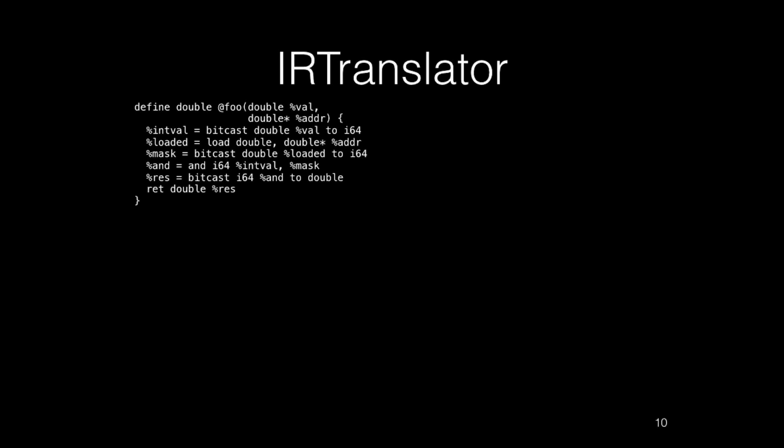So here you have this LLVM IR representation, which basically takes a double and a pointer to a double. It loads the value from the pointer, does a bitwise AND on it with the other value, and returns the result. What would be the role of the IRTranslator here?